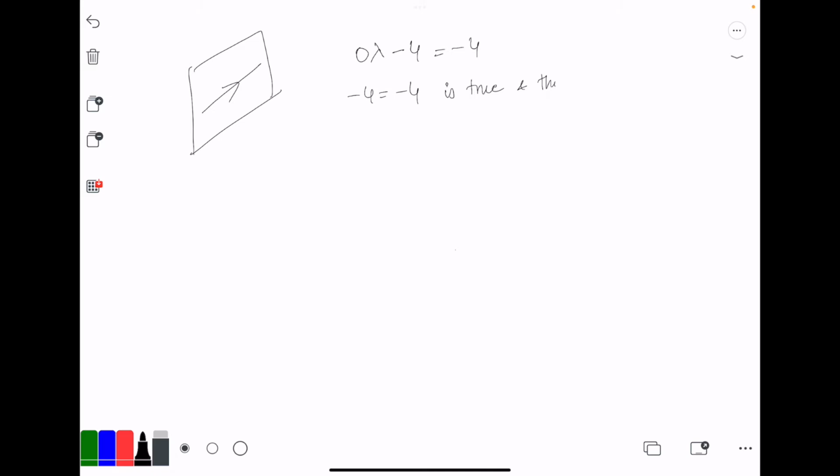And this would occur for any value of lambda, signifying infinite points of intersection.